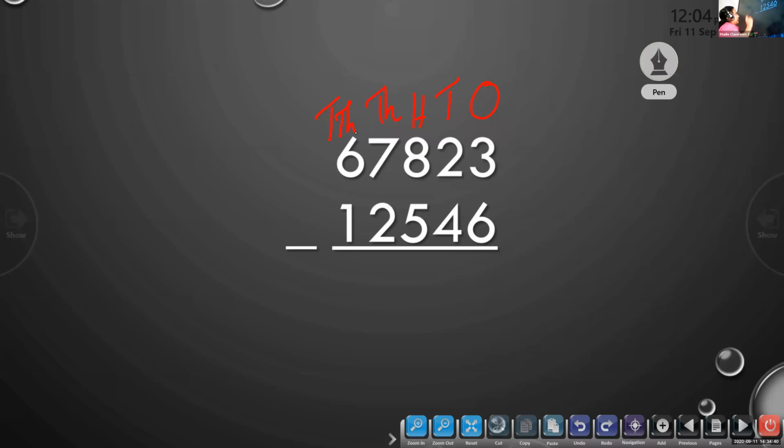We will write the number one below the other and start subtraction from the ones place. And here first look, 3 is smaller than 6. Don't write 3 minus 6 equal to 3. Some children, without regrouping and borrowing, will write 3 minus 6. That is wrong. What you have to do? You have to borrow.